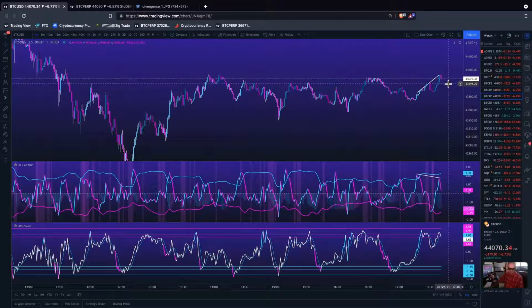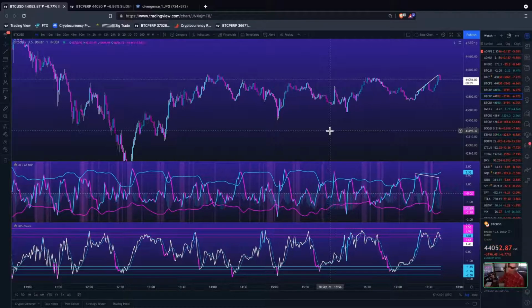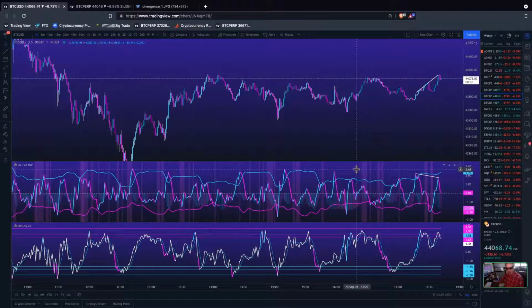Let's go back down a little bit. ZScore 2. Okay, ZScore 2. Lower high. If you want to learn divergence, go down to a 1 minute. Watch the divergences populate. But for crying out loud, drop the RSI, drop the stochastics.